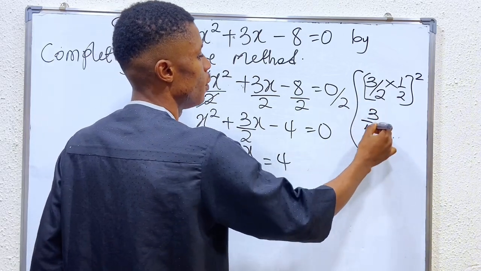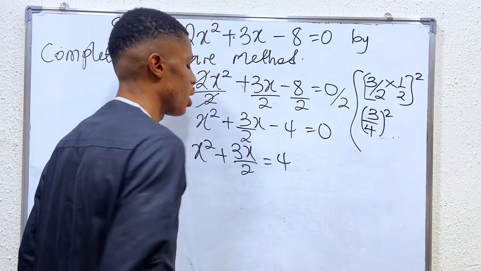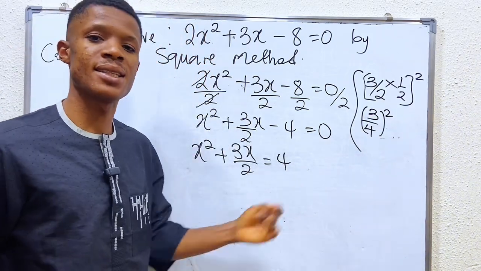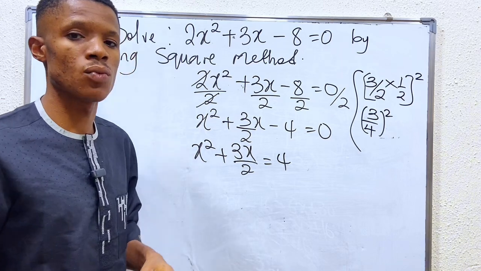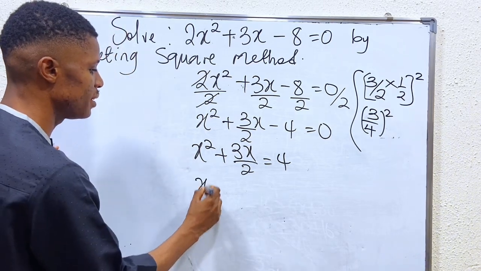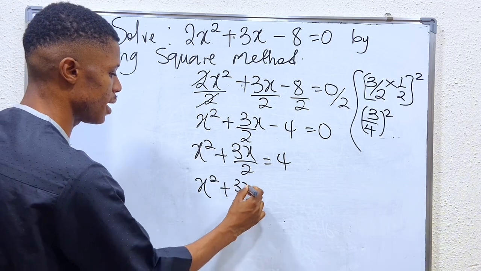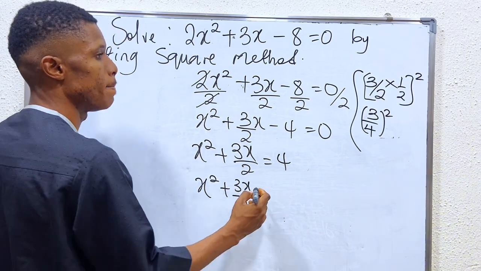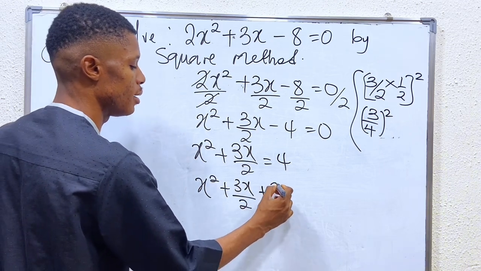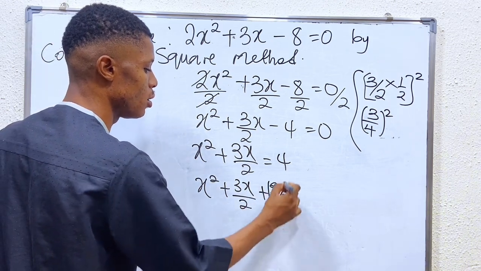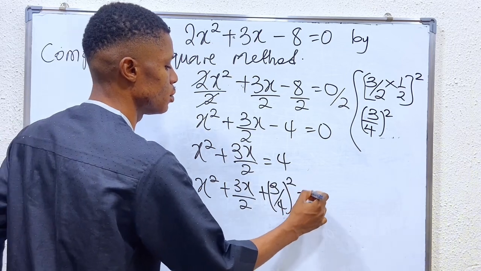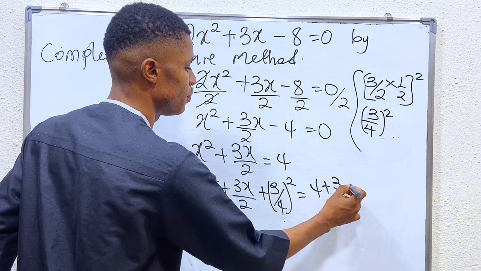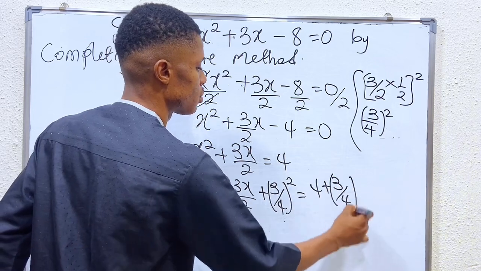That's (3 over 4) all squared. We add it to the left and right-hand sides of the equation. So we have x squared plus 3x over 2 plus (3 over 4) squared is equal to 4 plus (3 over 4) squared.